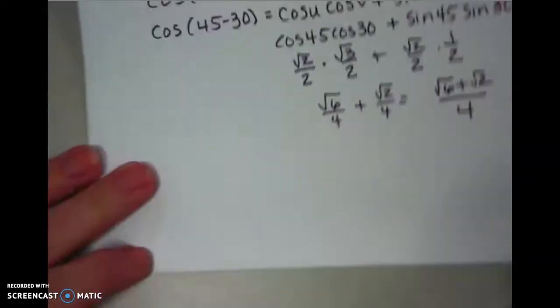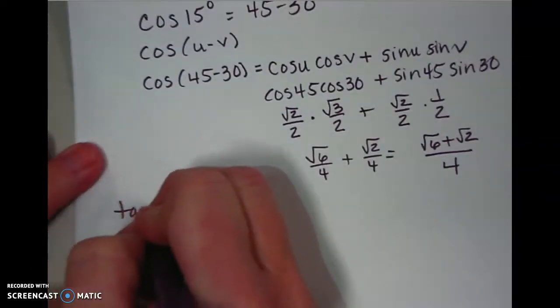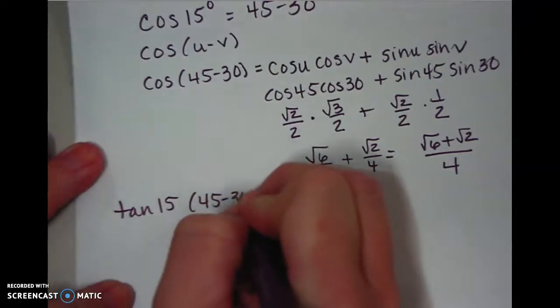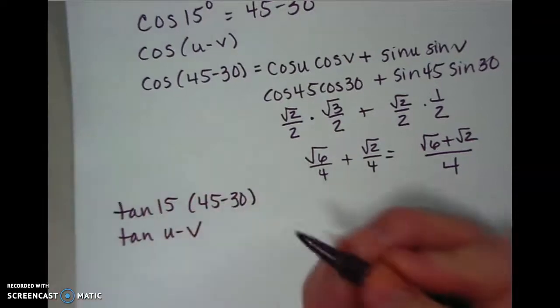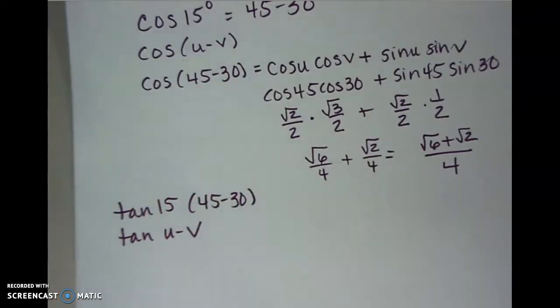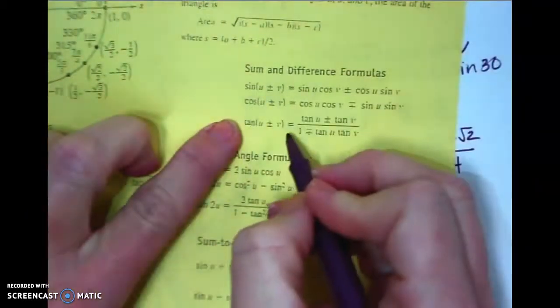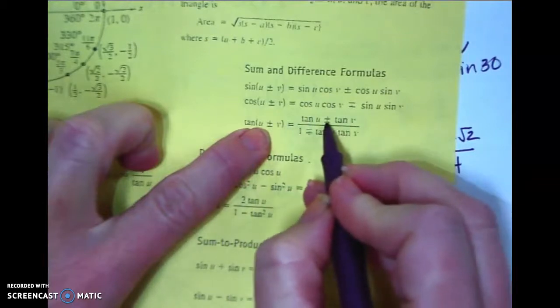Tangent of 15 degrees is going to be very similar. Again, we're using 45 minus 30 and the tangent of u minus v. Now, if you look at the tangent formula, we're using minus, so we're using the bottom symbol. On top here, we're also using subtraction, which is the bottom symbol.